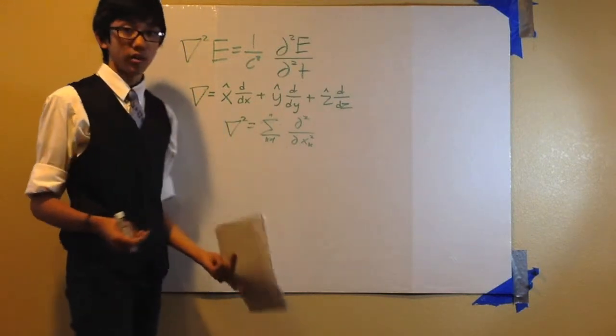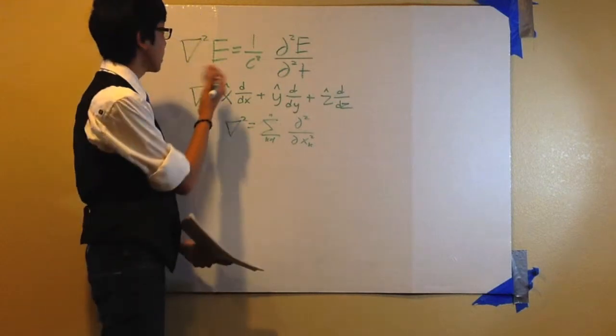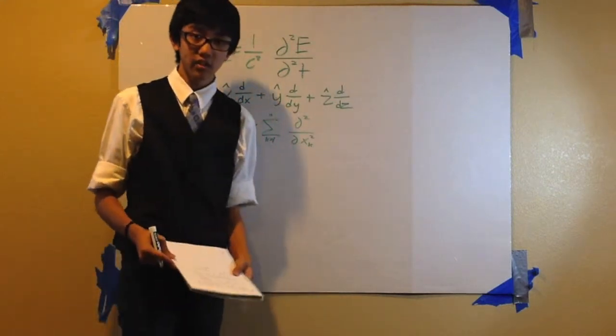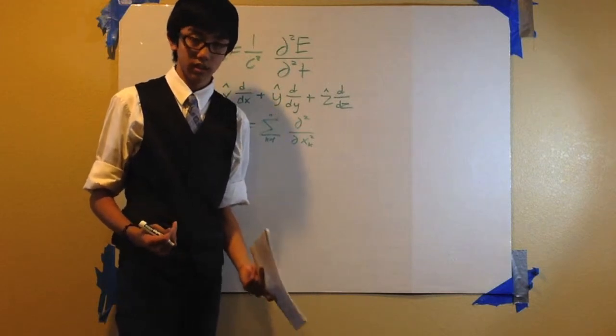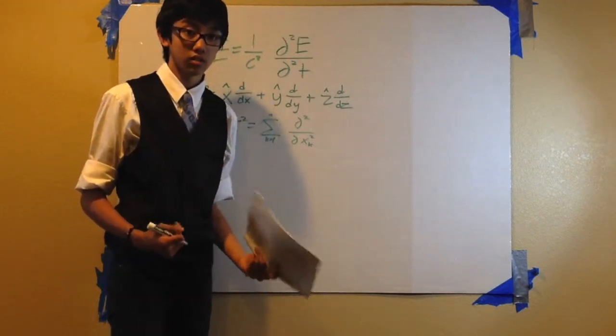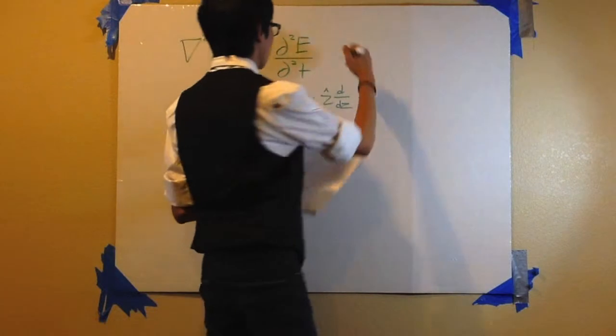And now the second important part of the wave function is E. Now we said E stands for displacement and magnetic fields and such, but E also has its own equation. Now E stands for this.